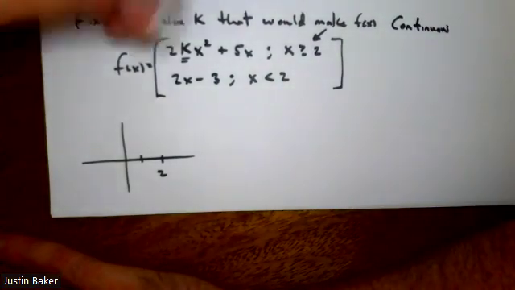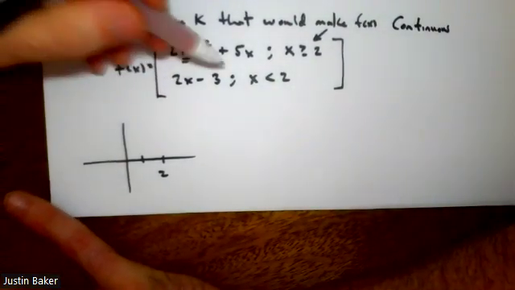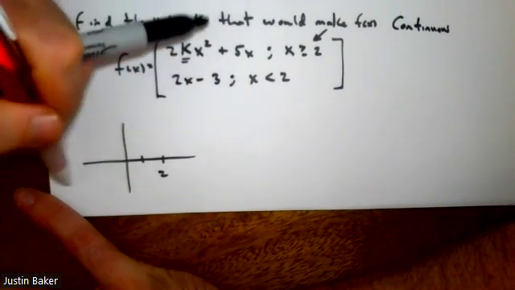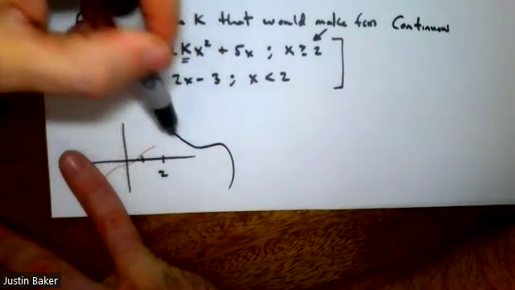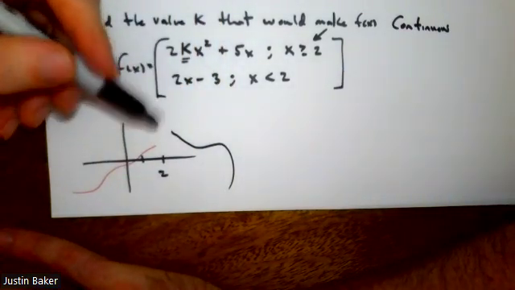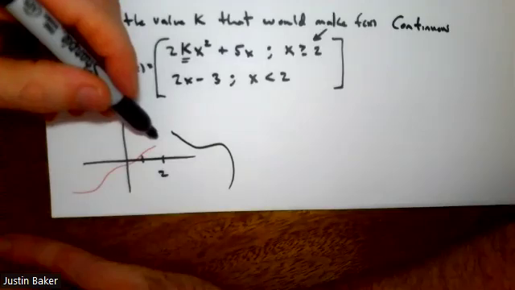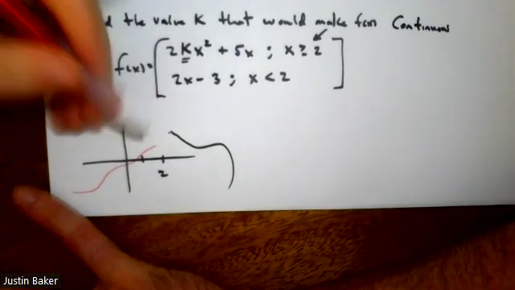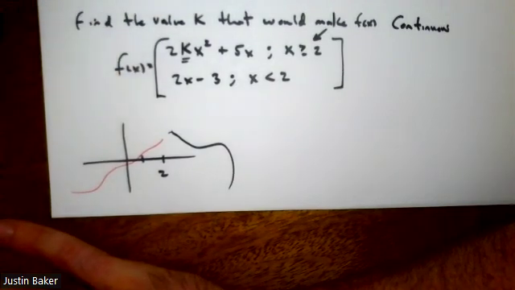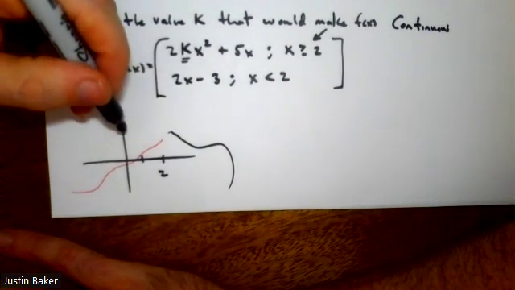So could we actually try to map all this out? All you need to know is that when it's less than 2, it's that red graph, and when it's greater than 2, it's this black graph, just totally making this up. And if we want it to be continuous, what do we know has to happen at 2? The red graph and the black graph have to be exactly the same value.